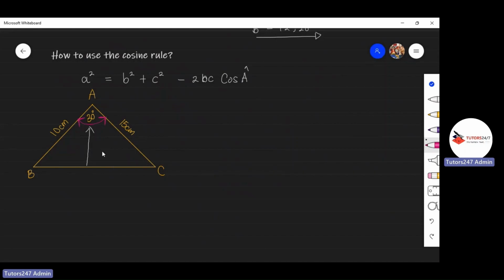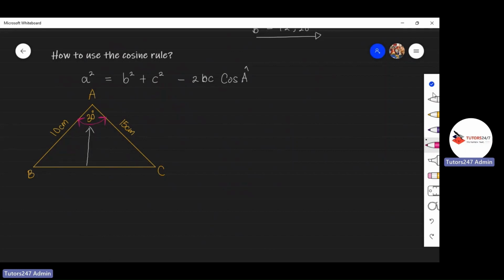The arrows are going to point to the sides that you are going to use. So in this particular case, we've drawn an arc around the 30-degree angle, and the arrows are pointing to sides AB and AC. So we need to use the sides that are next to, or adjacent to, the angle that we are going to use.